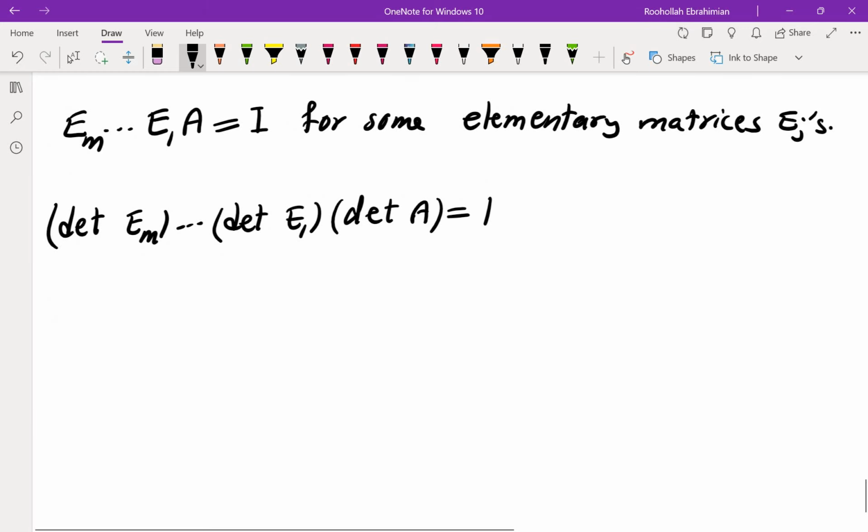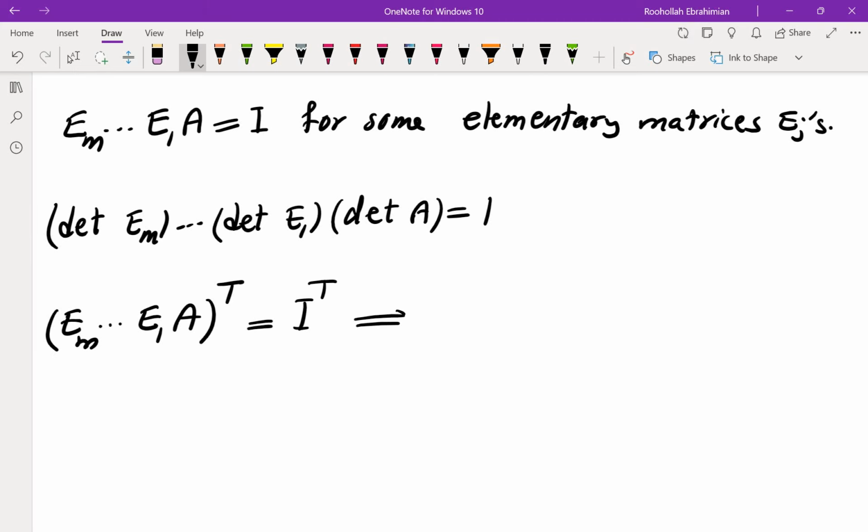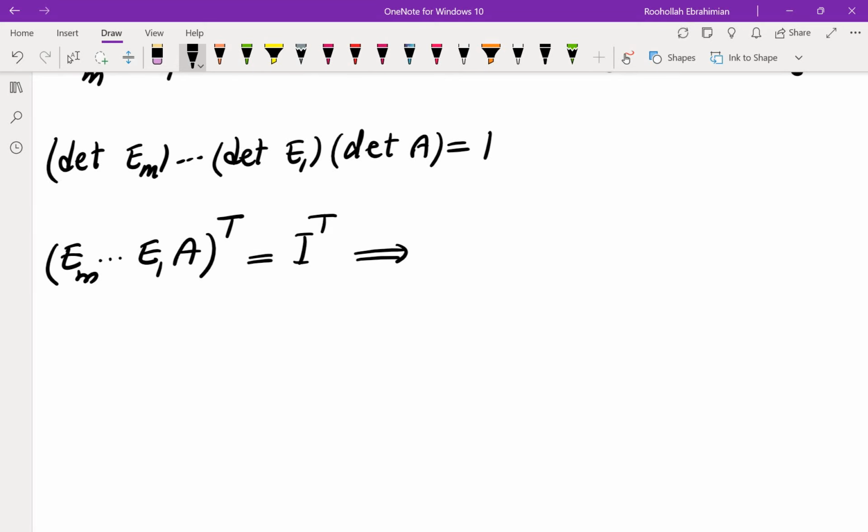We are going to take the transpose of both sides. EM all the way to E1A transpose is equal to identity transpose. Now transpose of product is product of transposes, except that they would be in reverse order. And this was an exercise in the later section.